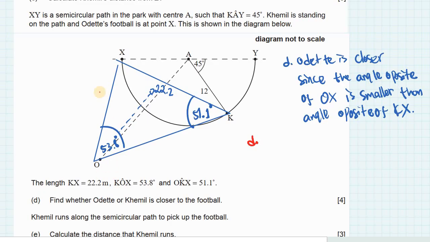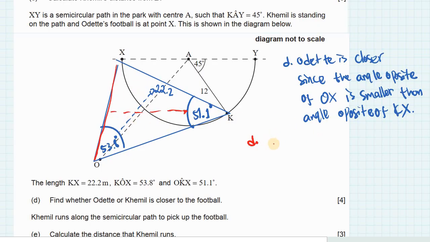So if you're using this, we have to find the distance of this, OX. Let's find the pair as usual. OX is this. What's the pair of this? 51.1. And then the other pair that we can have is 53.8 degree and then 22.2. So we use sine rule because we find the pair.